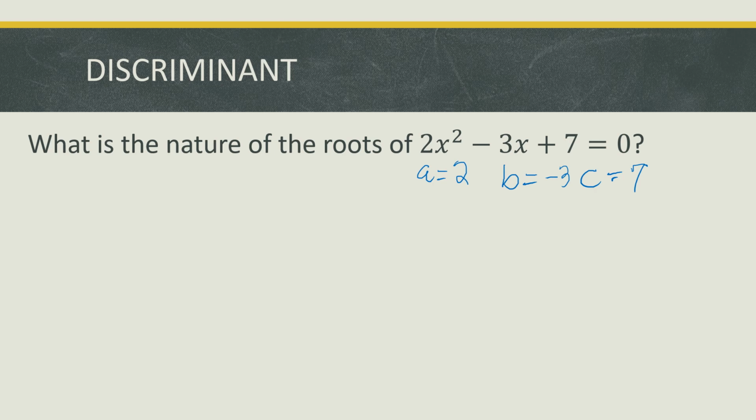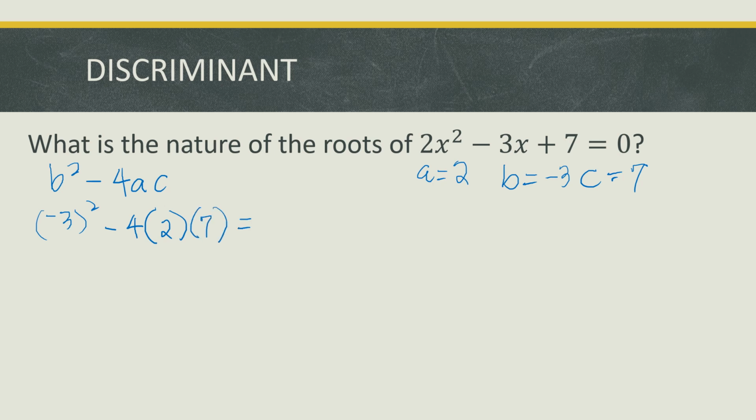Let us substitute into the discriminant formula, b squared minus 4ac: negative 3 squared minus 4 times the value of a, 2, times the value of c, 7.